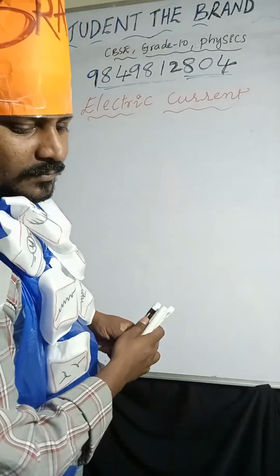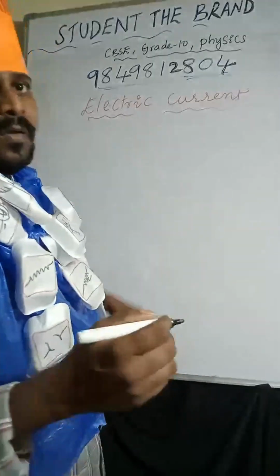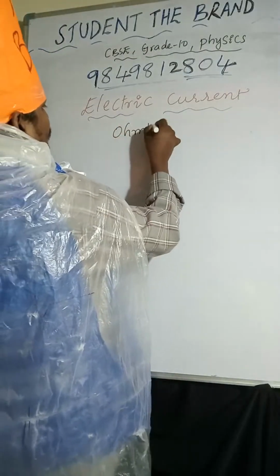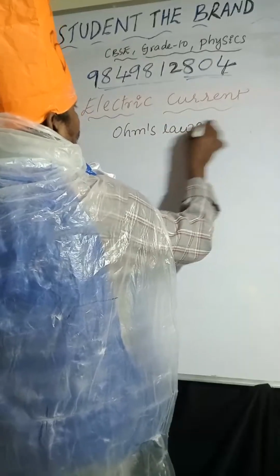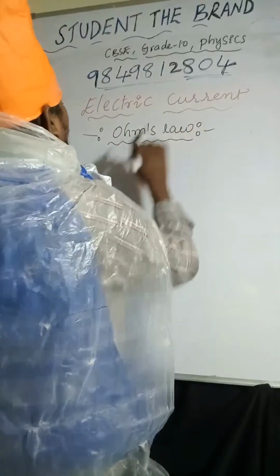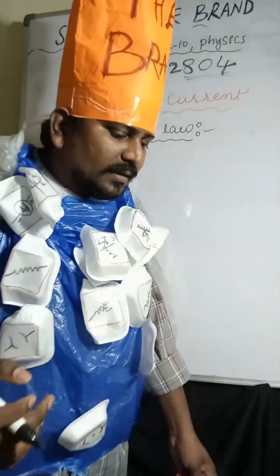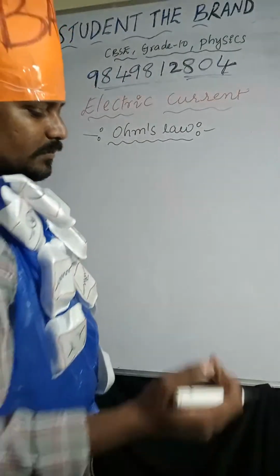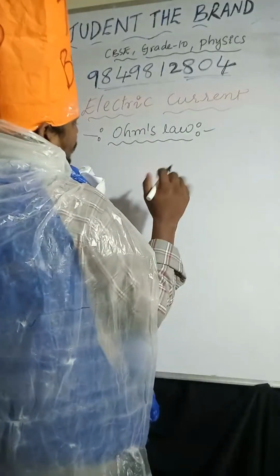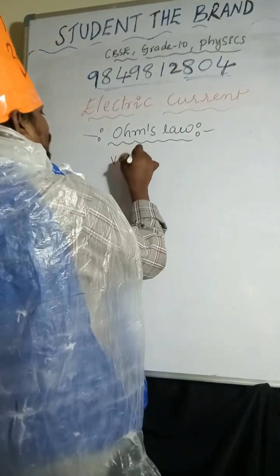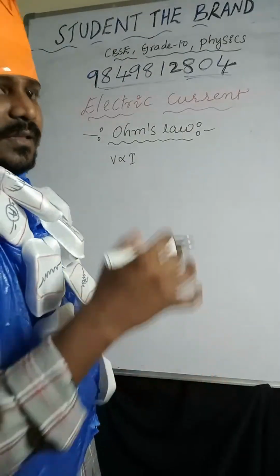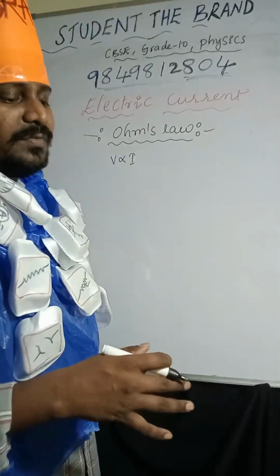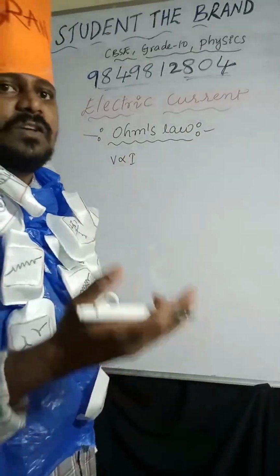So now we will discuss Ohm's law. Ohm's law is nothing but: the potential difference across the ends of the given metallic conductor is directly proportional to the current flowing through it at constant temperature, and also physical conditions are the same.